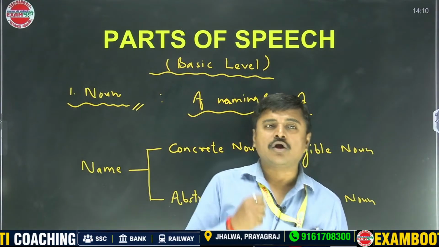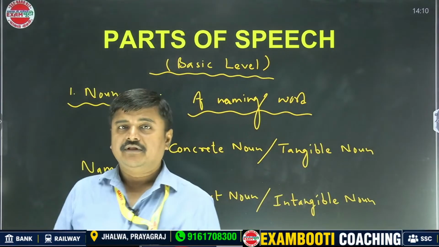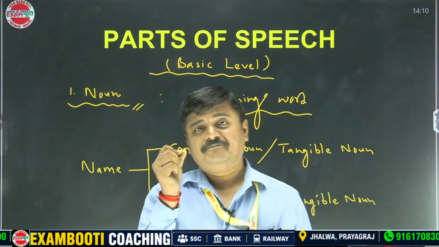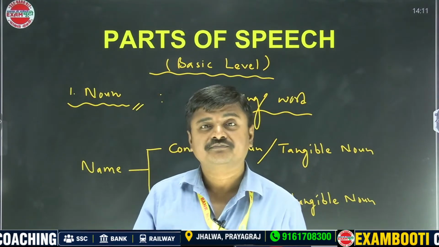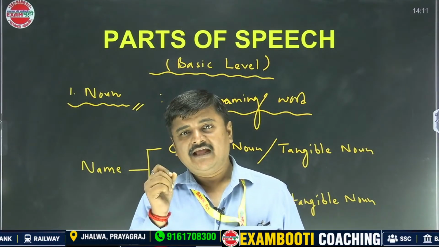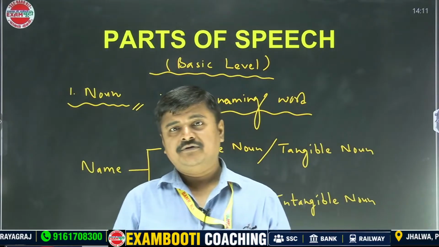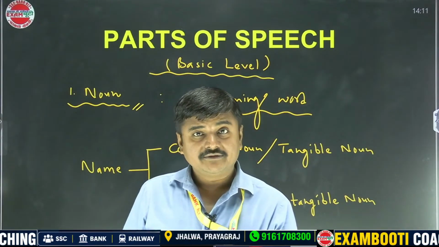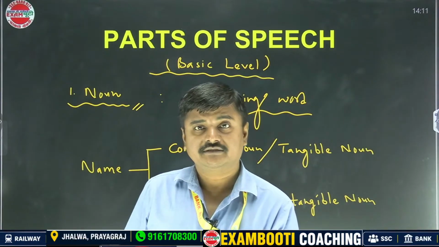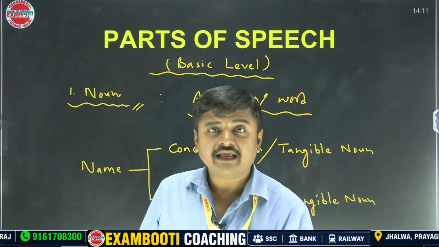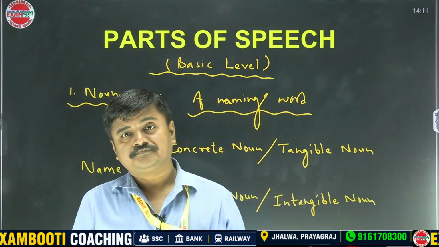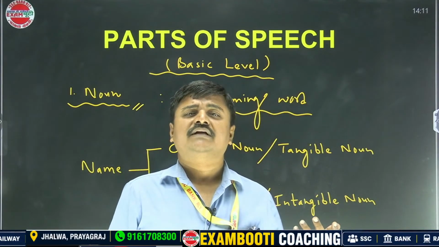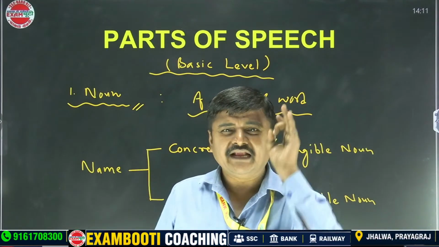The first one is concrete. Concrete means here whatever has certain characteristics, the characteristics I am going to mention. If certain things have length or breadth or height or depth or weight or color or order or parameter or area or volume, shape, size, anything from it.